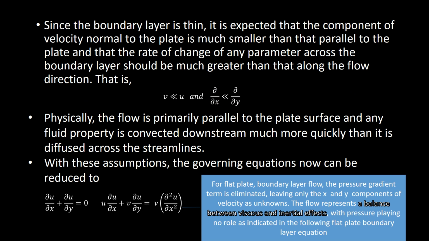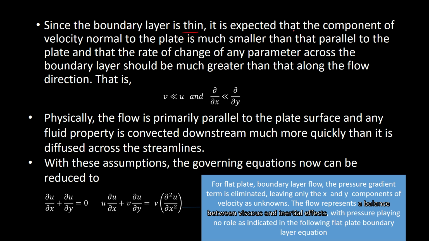Okay. So since the boundary layer is very thin, for moderate and large Reynolds number, the boundary layer around the solid body is very thin.